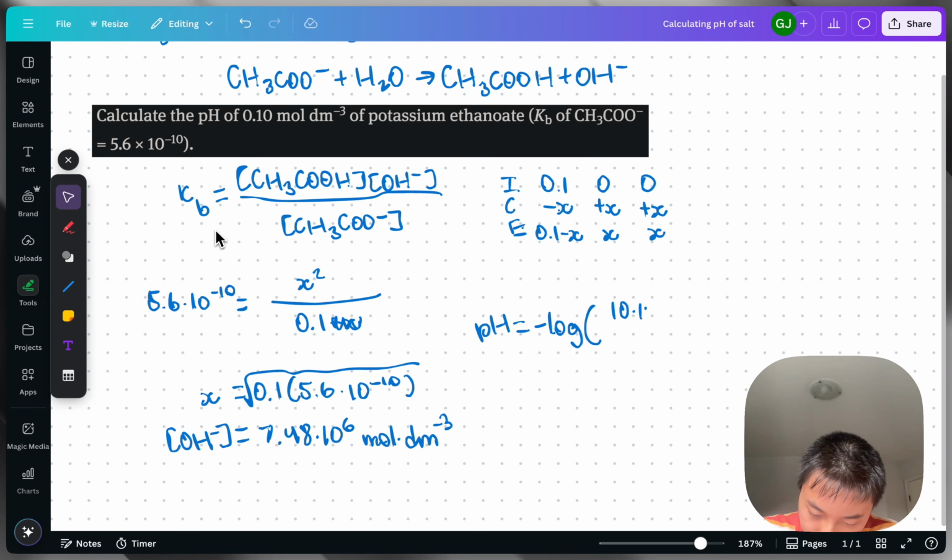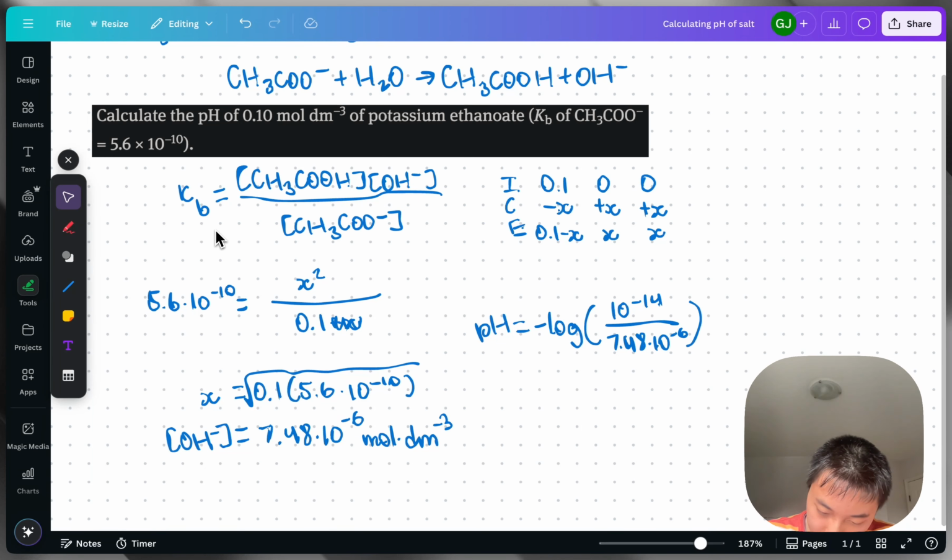Oh, sorry. This is 10 to the negative 14 over 7.48 times 10 to the negative 6. Oh, I wrote 6 back here, but it should be negative 6.